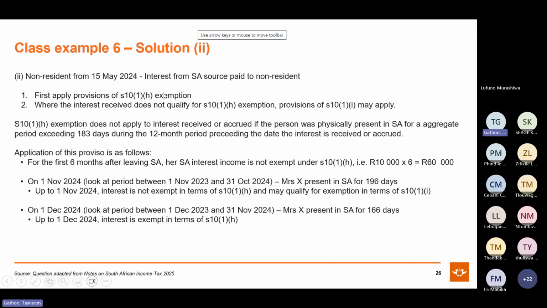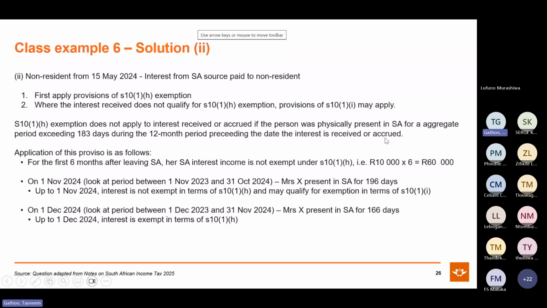So what are the provisions of section 10(1)(h)? The section 10(1)(h) exemption does not apply to interest received or accrued to a person who was physically present in South Africa for an aggregate period exceeding 183 days during the 12-month period preceding the date on which the interest is received or accrued.